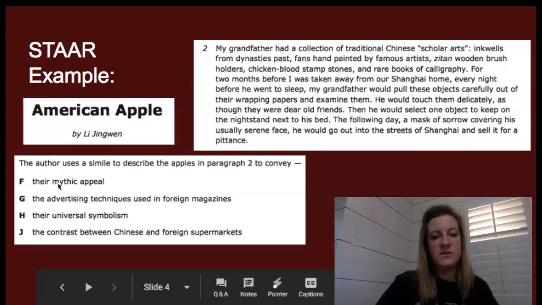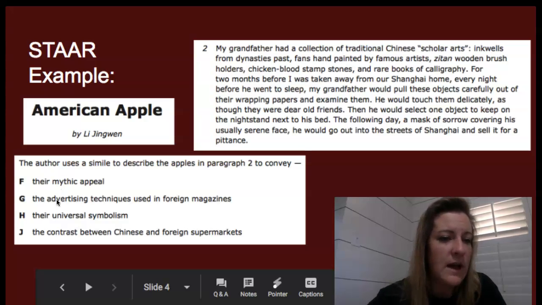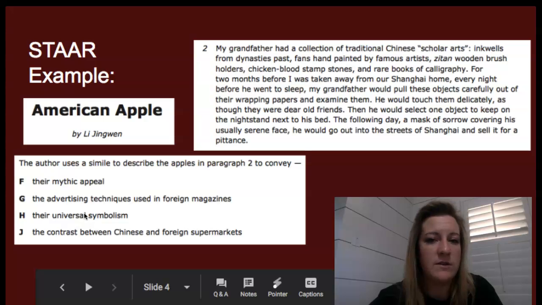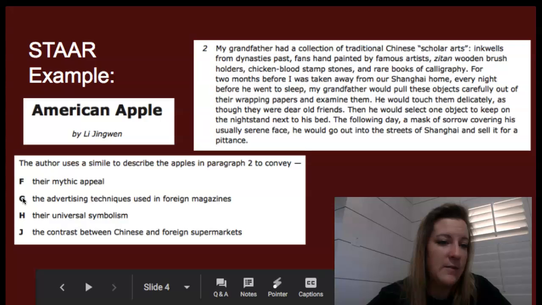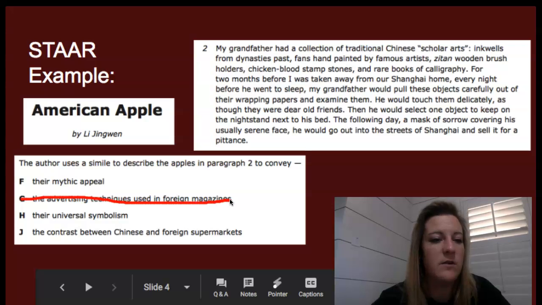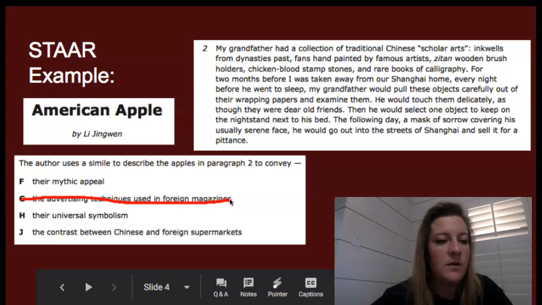Let's look at all the other ones just to make sure. We've got G, the advertising techniques used in foreign magazines. We don't read anything about foreign magazines, so G is not the right answer. We'll mark that one out. H, their universal symbolism.